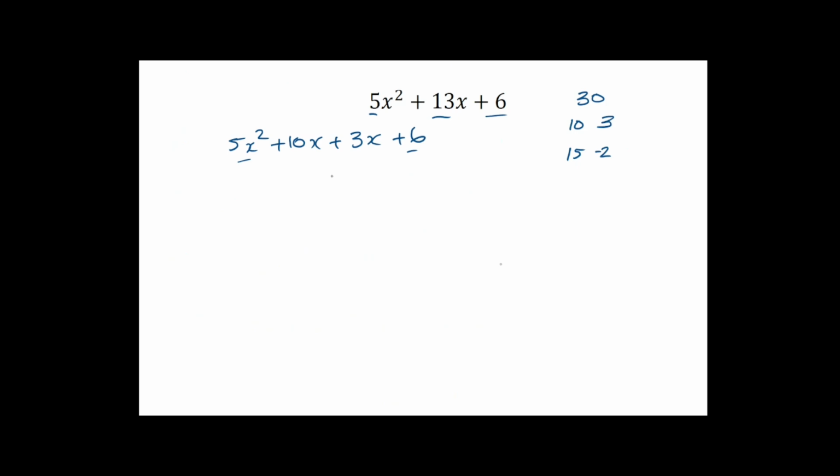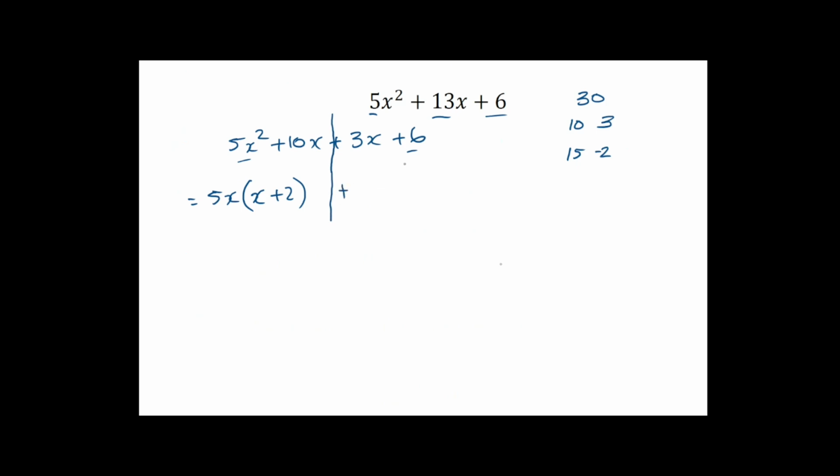The 5x squared stays there. And now we're going to factorize the first two terms. Do they have a common factor? Yep, they have a common factor of 5x. 5x times what gives us 5x squared? Well, 5x times x is 5x squared. 5x times what gives us plus 10x? Well, it's going to be plus 2.